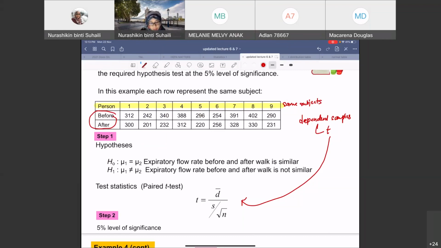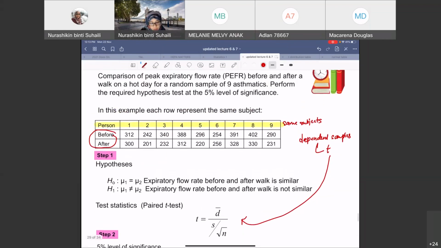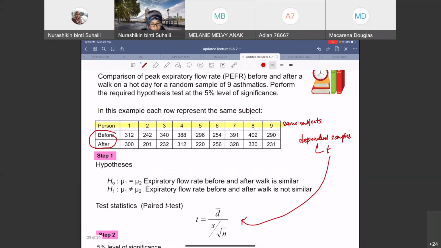Now, the hypothesis: you have to know what you are going to compare. You are going to compare before and after, and you assume them to represent two populations. That's why you set mu1 and mu2. For the null hypothesis, there is no difference.